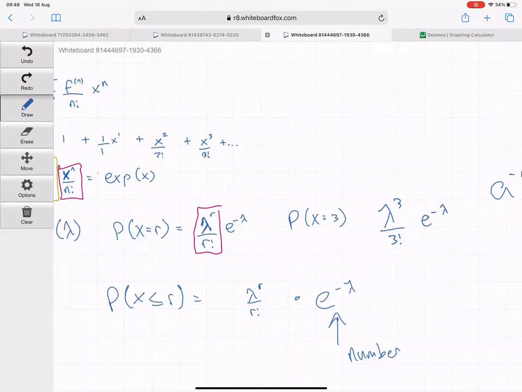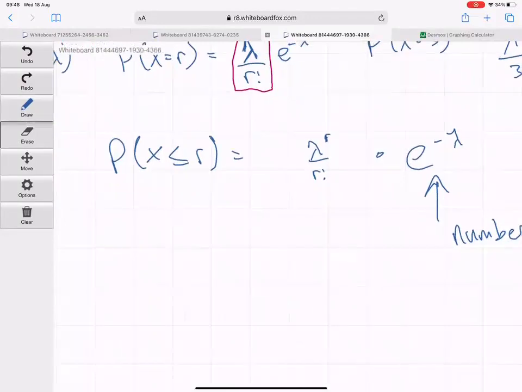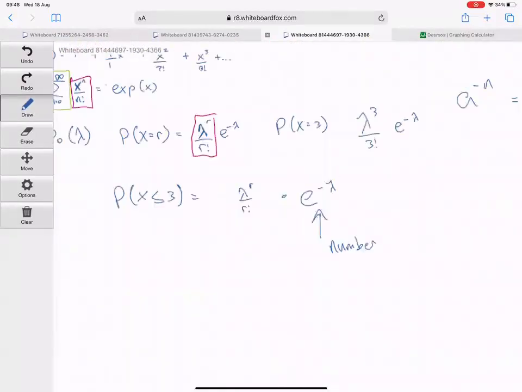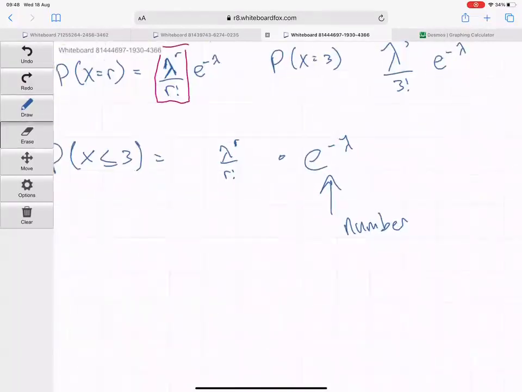If it's the probability that X is less than or equal to 3, then I would need to do the probability that X is 0, 1, 2, and 3 and add them all together. Then it starts to resemble that sum. And if I add them all together, so X is less than or equal to infinity, I'm getting lambda to the n over n factorial added up infinitely many times.